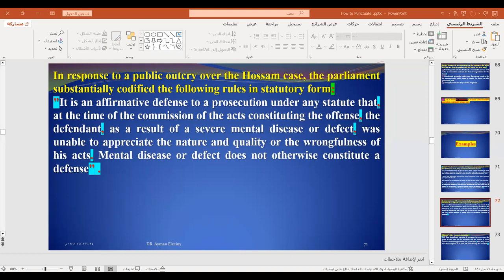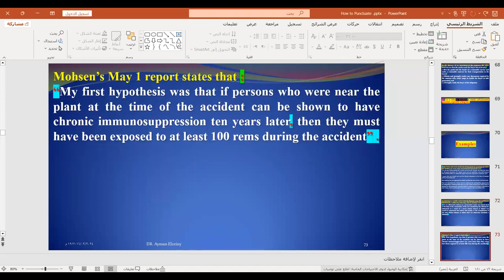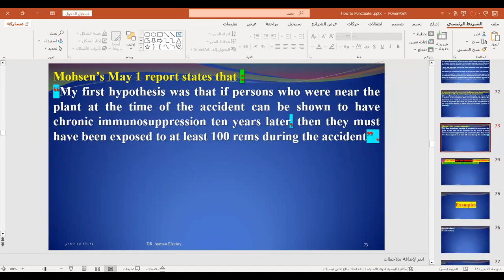Another example, the following sentence: Mohsin, in his May report, states. That means that Mohsin, in his report which was issued on the 1st of May, states, and we put a colon in such a position. Why?